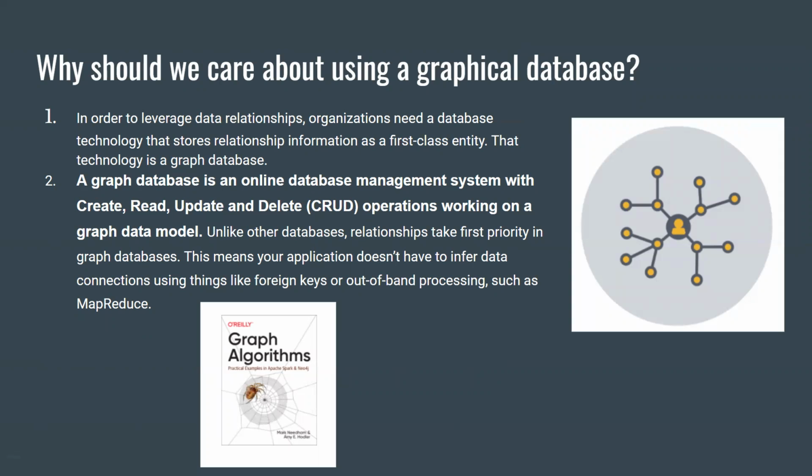Today's enterprise organizations use graph database technology in a diversity of ways, for example fraud detection, master data management, and network and IT operations. This is why a graph database is important and convenient to use for a large amount of data.